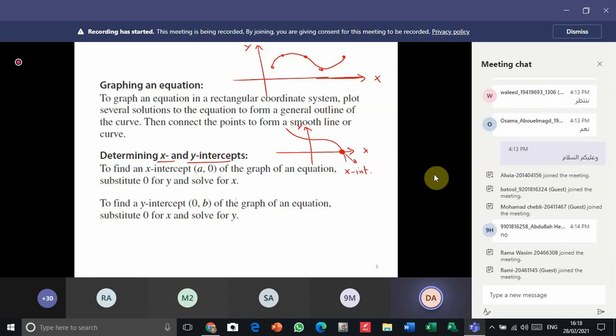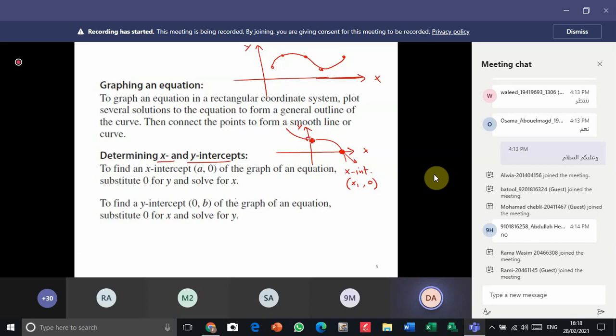Always the y coordinate of this point equals 0, so the point is x1 and 0.